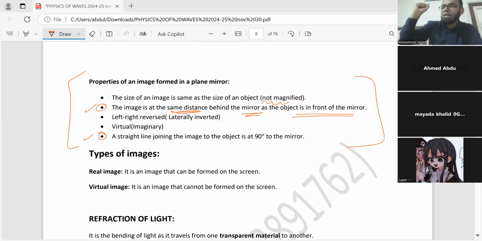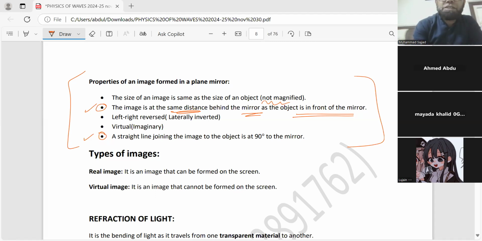I am lifting my right hand, but on the screen it is on the left side. Left-right reversed. It's the same case in a plane mirror. I am lifting my right hand up, but in the mirror, it is the left hand. You can observe it yourself by standing in front of the mirror, and this is very important.